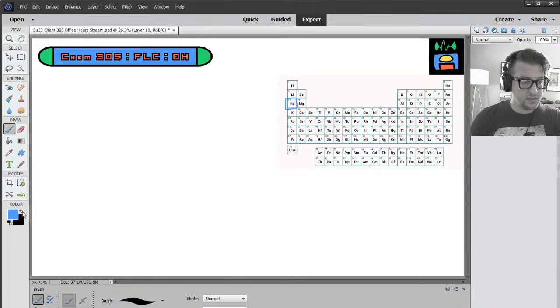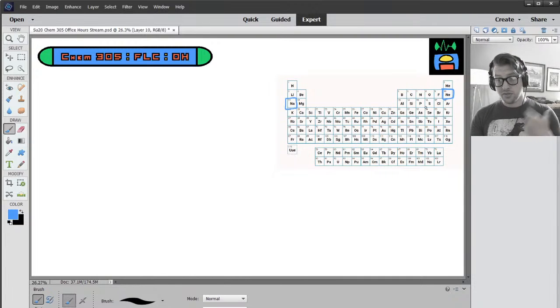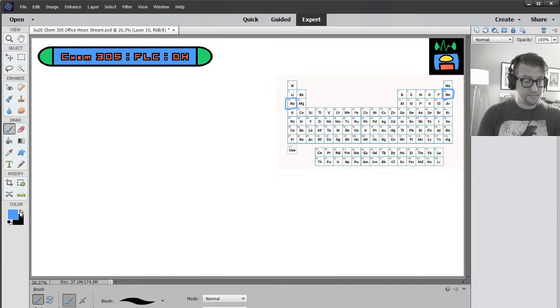And sodium wants to be like its nearest noble gas, neon. You can see that sodium has 11 electrons, neon has 10. So sodium wants to lose one. After sodium loses an electron, it'll have a charge of +1.